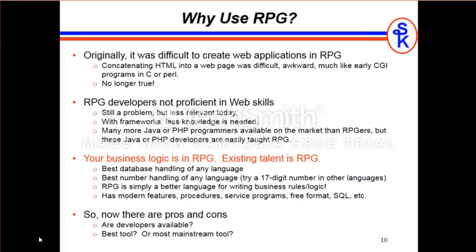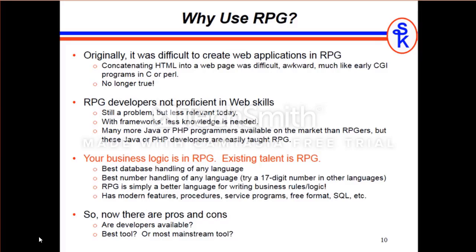So now the question is, should you use RPG for web programming? And there are pros and cons for sure. Now originally, when you coded stuff in RPG, it was bad news because it was similar to that C example. You would do something like eval variable equals, and you put your HTML in the string, and then you do some API call to write it out, and that was very cumbersome.